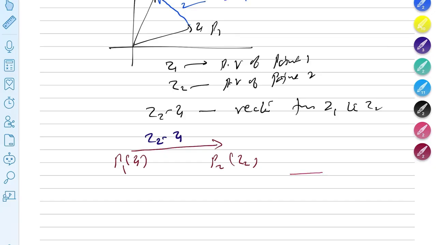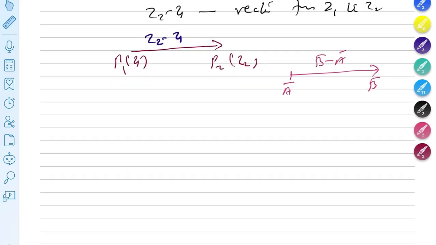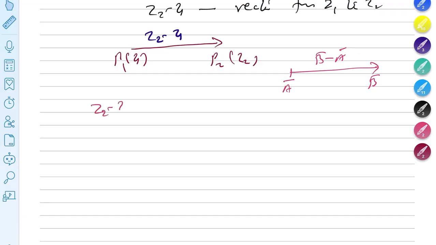Just like in vectors, let's say this is vector A, this is vector B. So B minus A represents this vector, where the initial point is A and the final point is B. This is how we treat the vector. So we can say that z2 minus z1 is PQ.